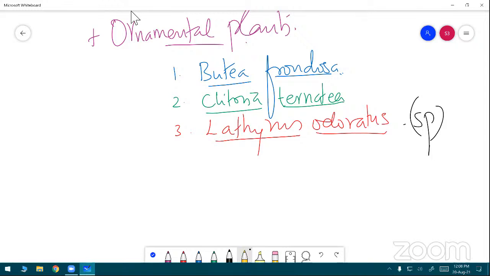Lupinus hirsutus. It is the binomial of lupin.